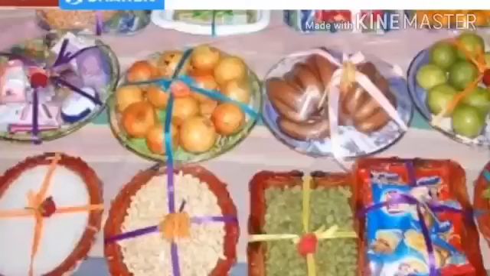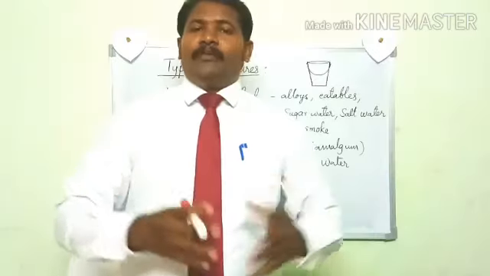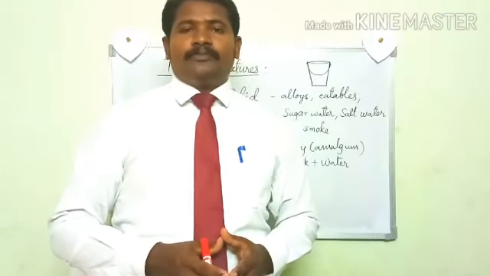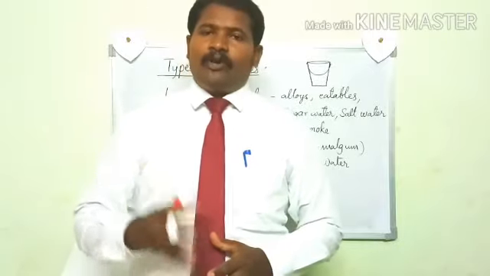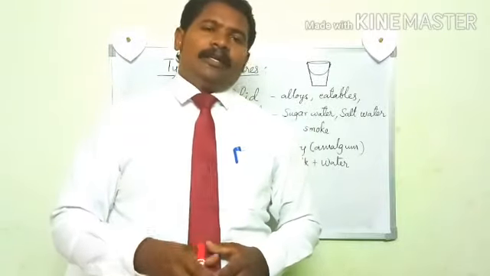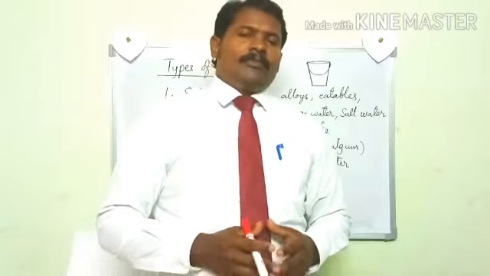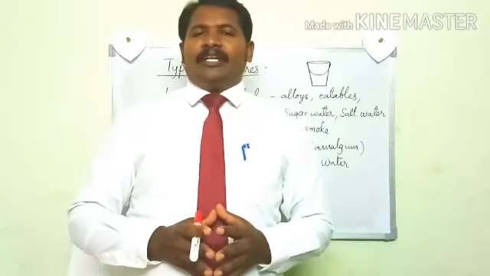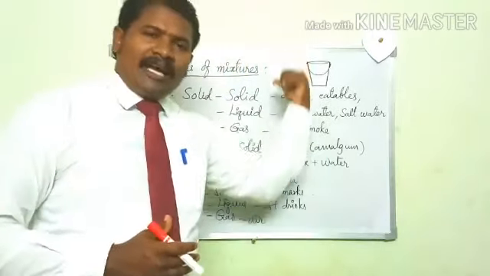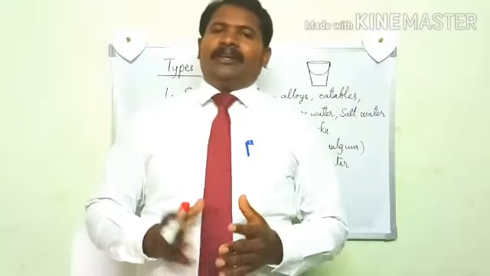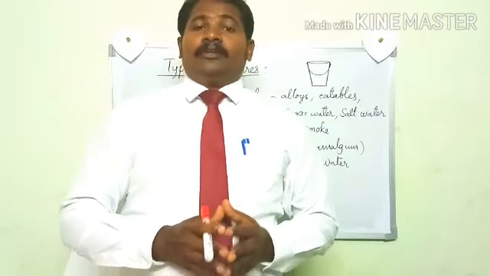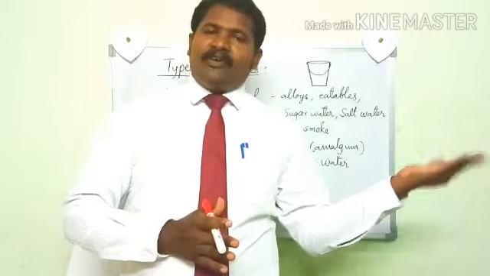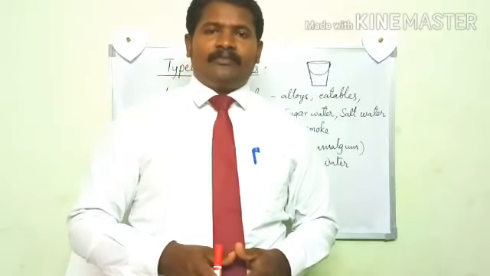You will buy and eat them. You are familiar with these eatables. So these are good examples of solids in other solids. Whatever type of mixtures I have written on this board, either type can be homogeneous or heterogeneous.